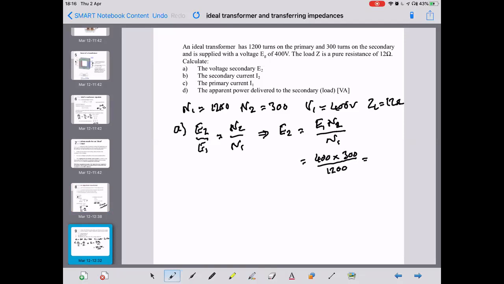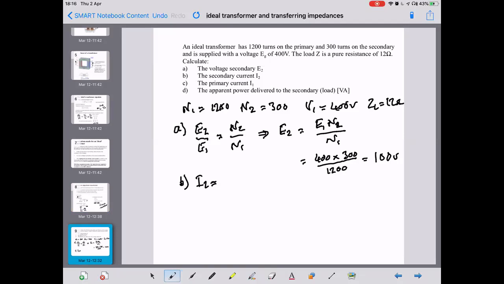So you got 100 volts. Secondary current, B, I2, is equal to... We go for the same formula again.